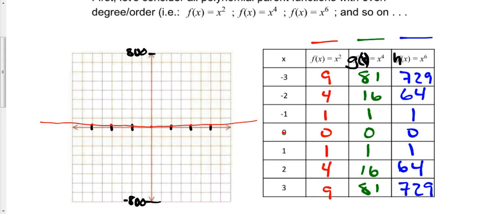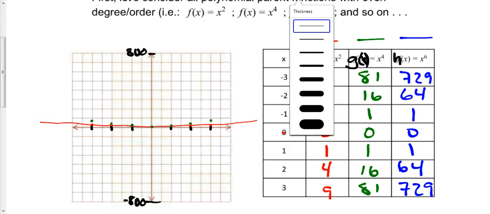So let's do my green. When x is 0, y is 0. When x is negative 1, positive 1, I'm at a 1 again. 16. Now it's moving up a little bit, right? And then 64 is actually an appreciable amount above the x-axis.